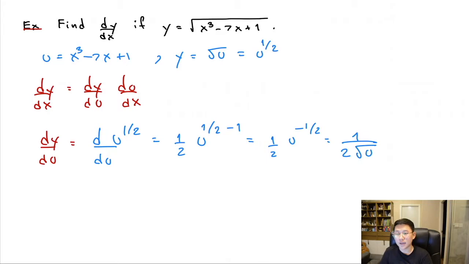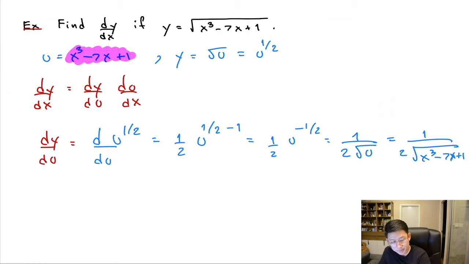Okay. But u here is x cubed minus 7x plus 1, so it is 1 divided by 2 square root of x cubed minus 7x plus 1, because u is defined as x cubed minus 7x plus 1.